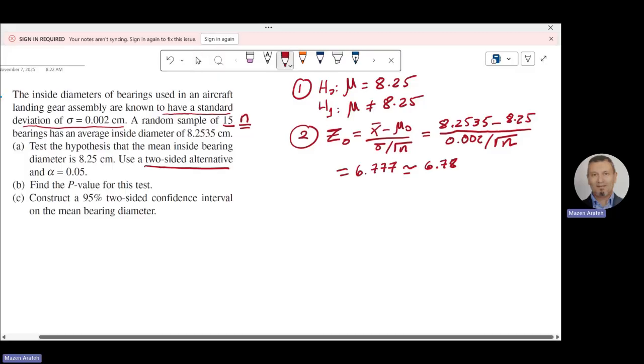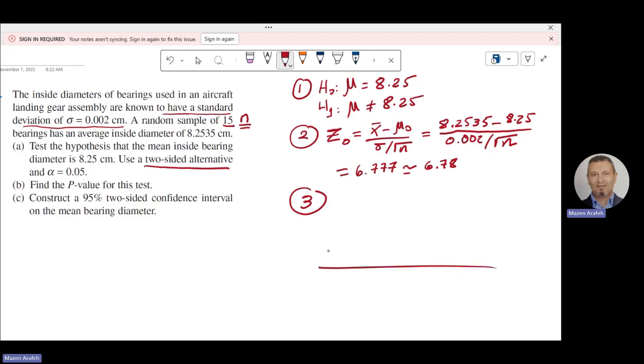Now step number 3 is based on alpha. Alpha is given as 0.05. We identify the critical values and the acceptance and rejection regions. Let me draw a sketch here.